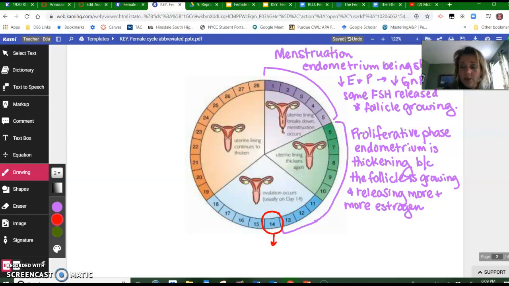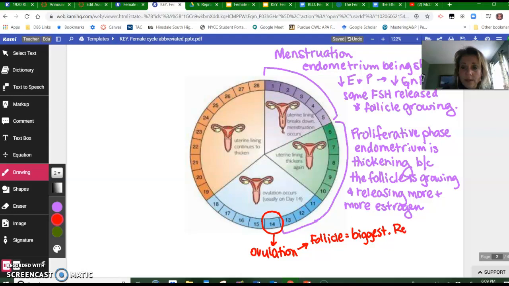Day 14 in general is ovulation. At this point, the follicle is at its biggest.